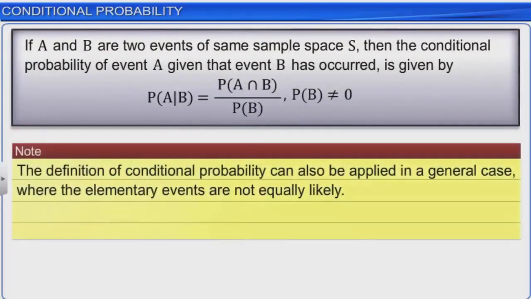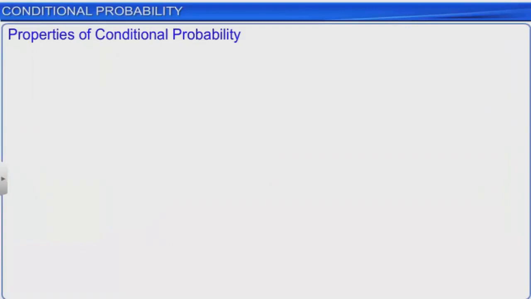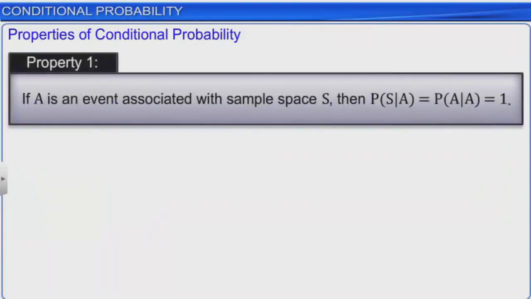Note that the definition of conditional probability can also be applied in a general case, where the elementary events are not equally likely. Let's now discuss the properties of conditional probability. The first property says, if A is an event associated with sample space S, then the probability of S given A is equal to the probability of A given A, which is equal to 1.